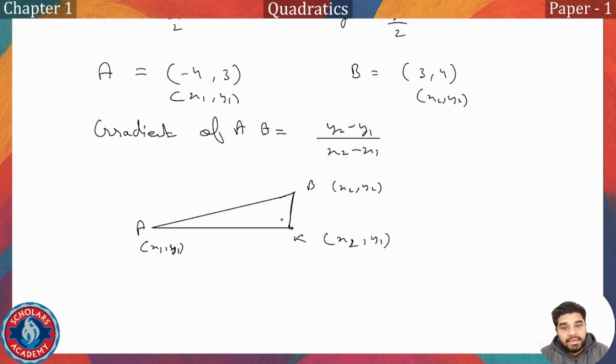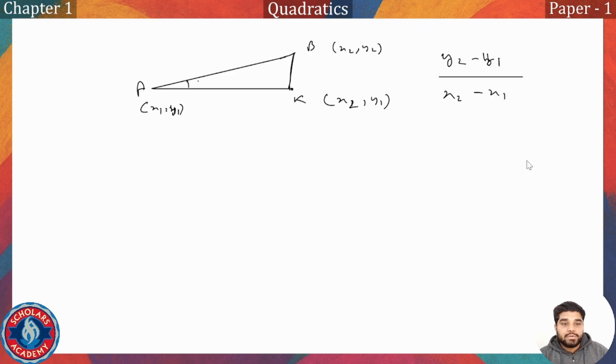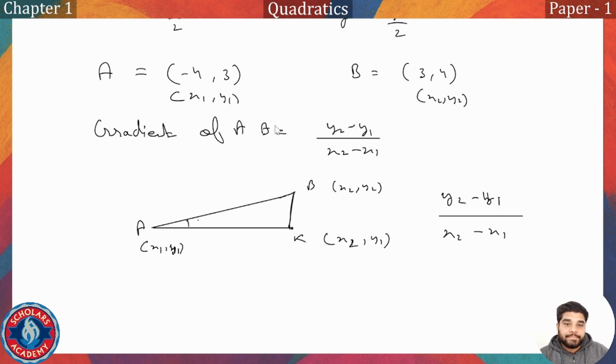So what is gradient? It's basically distance of y upon distance of x. So that is what we are finding, and the formula is y2 minus y1 over x2 minus x1, so it's perpendicular upon base, and that is what the gradient is.